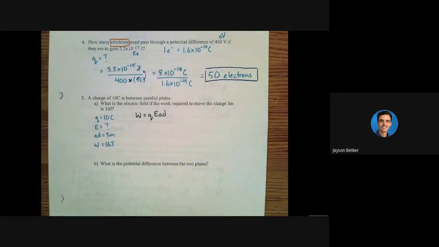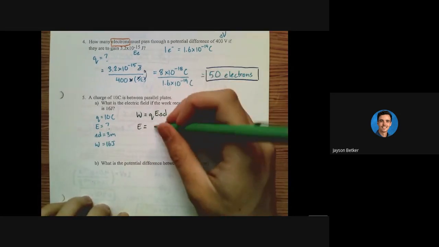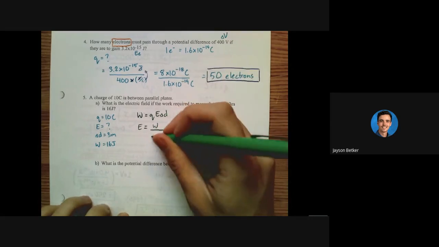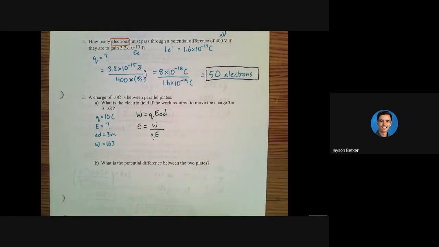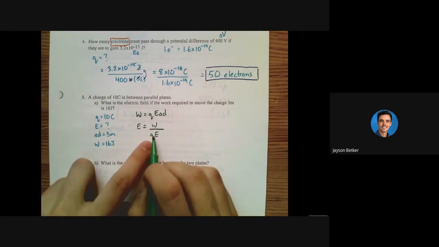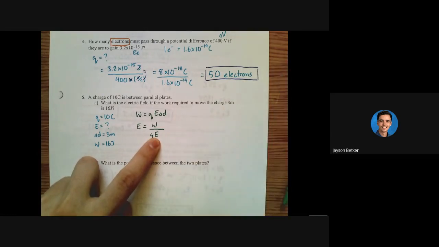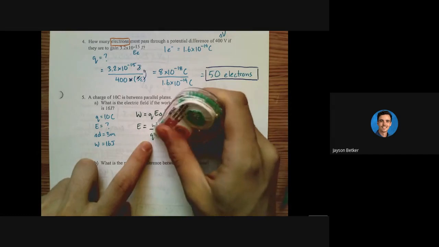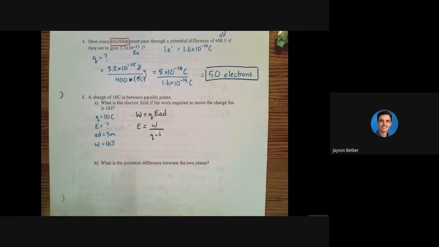So that's what we're going to use, and once we know that, this question becomes very straightforward. Rearrange the formula to find the electric field: the electric field is equal to the work divided by the charge multiplied by the displacement. Sorry, that was an ultimate mix up I had there.